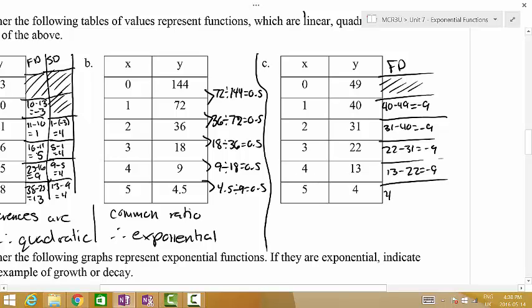And if we keep doing that for all of them, we get that all the first differences are negative 9. So what that means, first differences are equal, therefore it is linear.